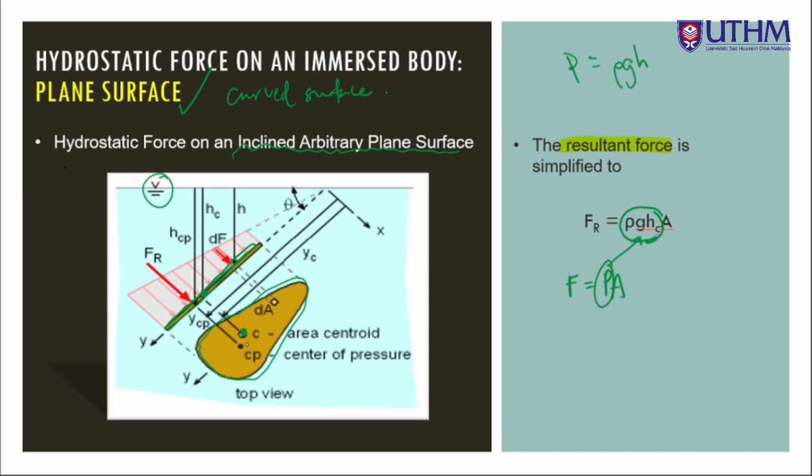Okay, actually the centroid is actually position titik tengah kepada plane to itself. However, kita ada satu lagi titik di mana kita akan panggil center of pressure, which is actually the place where the resultant force is acting on the plane surface. Okay, so kenapa ada dua tempat ni?